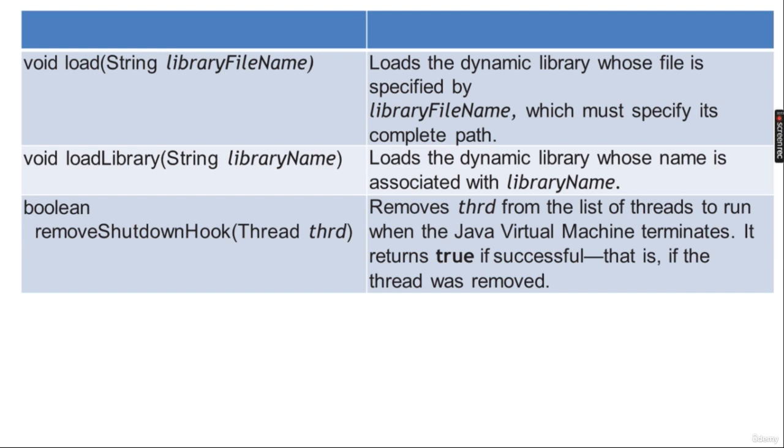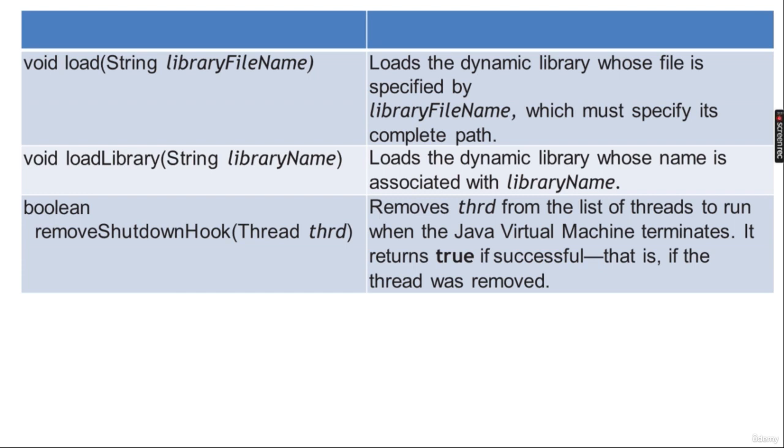void load(String libraryFileName) loads the dynamic library whose file is specified by libraryFileName, which must specify its complete path. Then void loadLibrary(String libraryName) loads the dynamic library whose name is associated with libraryName. boolean removeShutdownHook(Thread thrd) removes thrd from the list of threads to run when the Java virtual machine terminates.